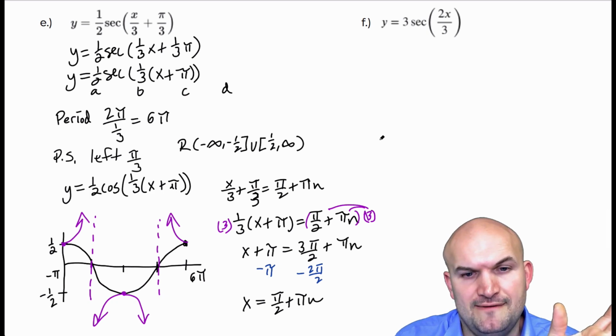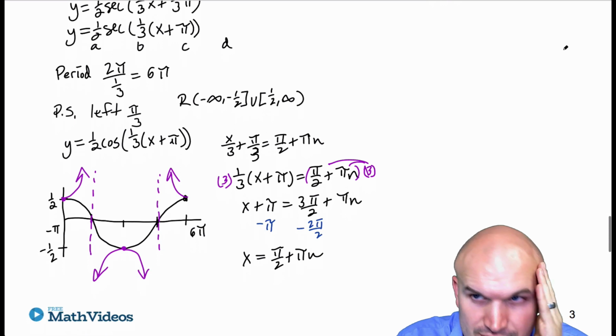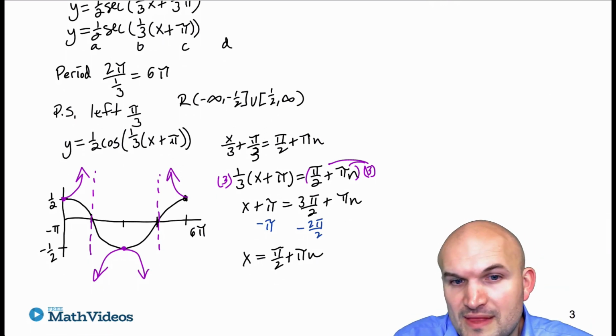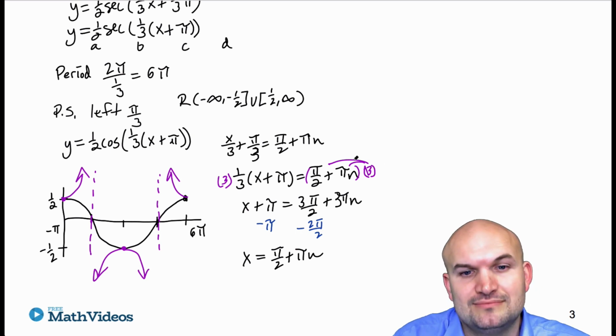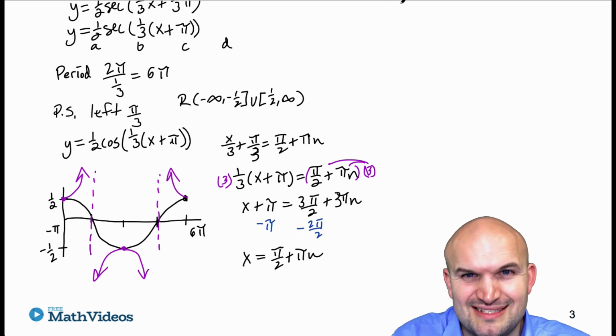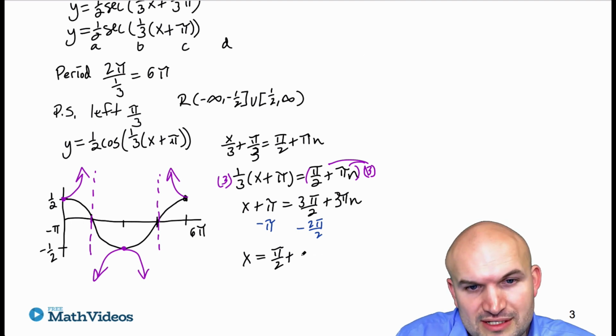So that's 6 pi. Oh, I forgot to distribute the 3. Oh, geez, man. That's a 3n, right? There you go. 3 pi n. I was like, that doesn't seem right. How do you get the exact same asymptote? So that's going to be plus 3 pi n.